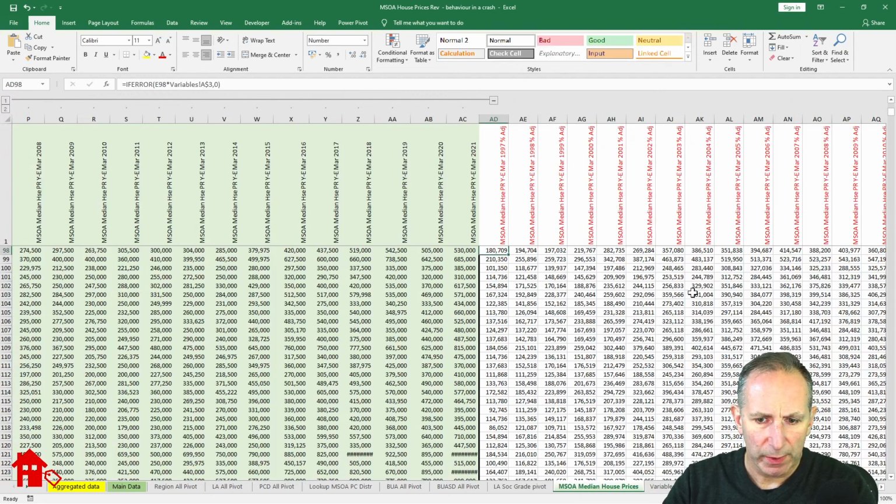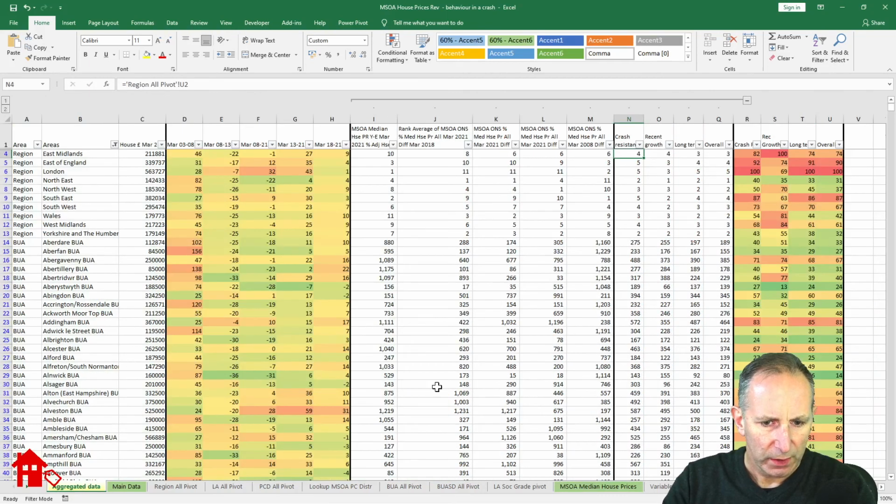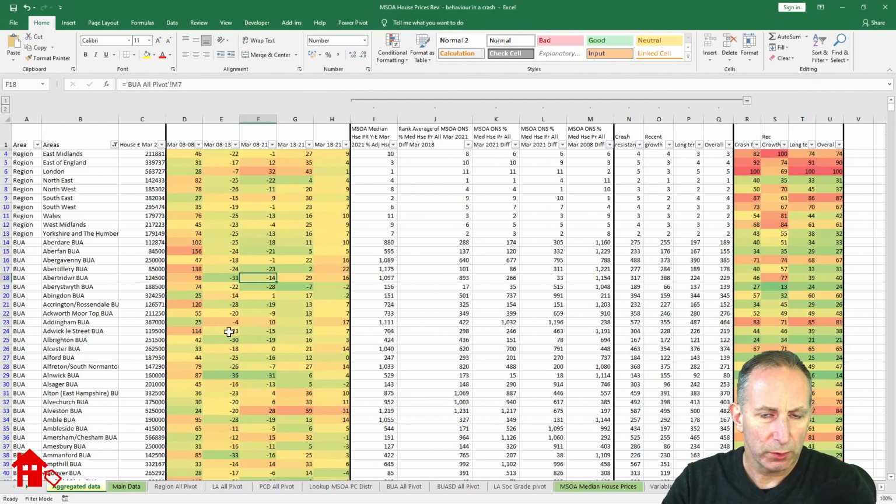And so I do this by creating a calculation, and then it turns into these metrics here, which are the real capital growth, the real degrees of capital growth or decline between two certain dates. In this case, for example, March 08 to March 21.